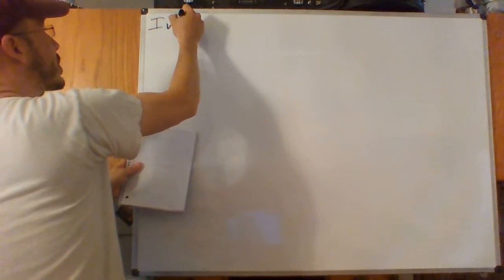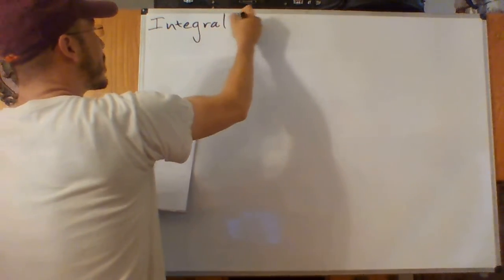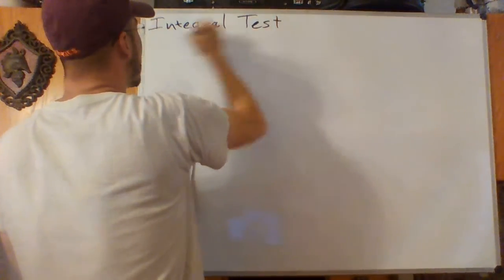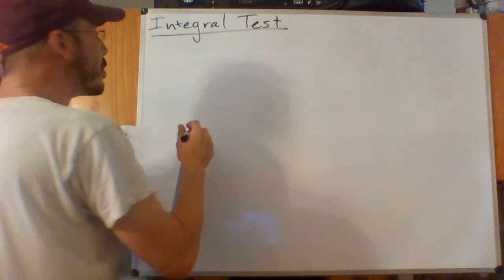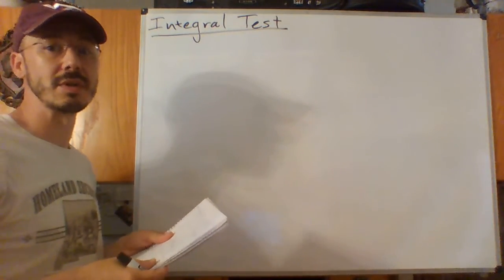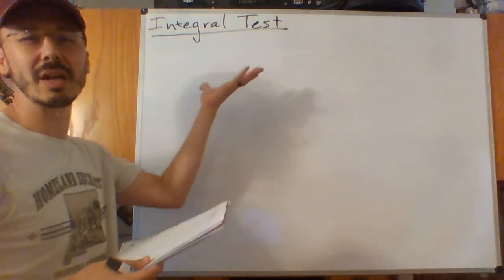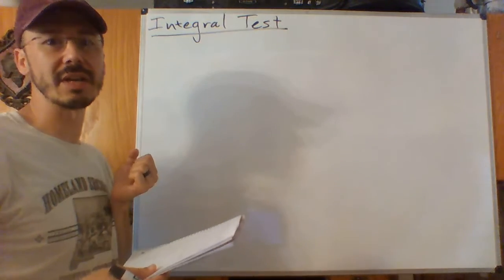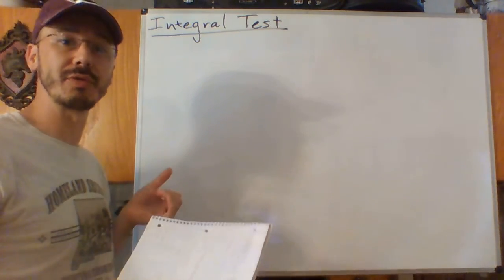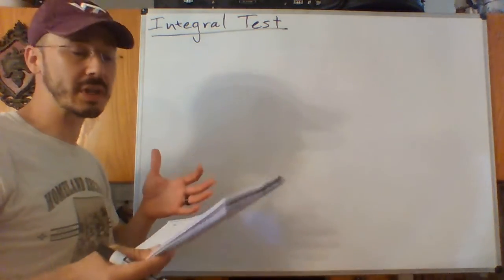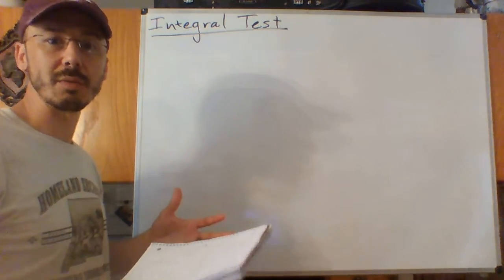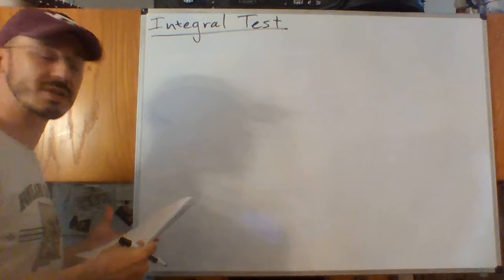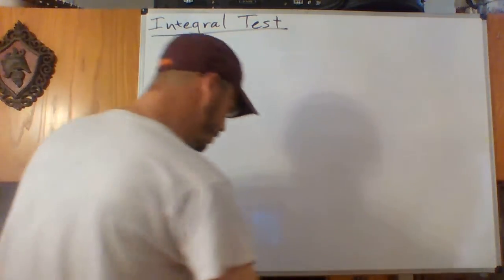For this integral test, we're going to look at a motivating example that shows kind of why the integral test works. I'm not going to do a proof. I'm not even really going to use the partial sums that we have for the definition of convergence and divergence.